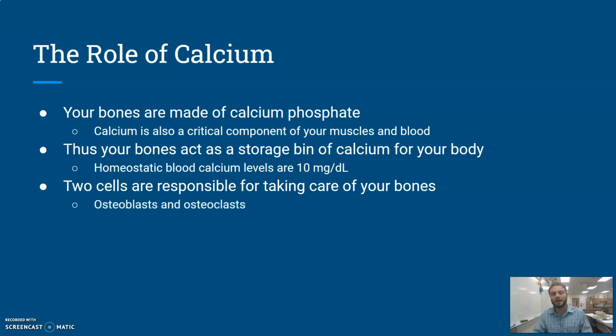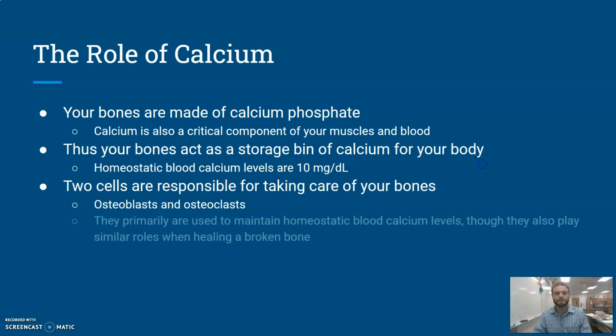Those are osteoblasts and osteoclasts. Like I said, they're primarily used to maintain homeostatic blood calcium levels, although after we look at the feedback mechanism, we will see how they play a role in healing a broken bone.